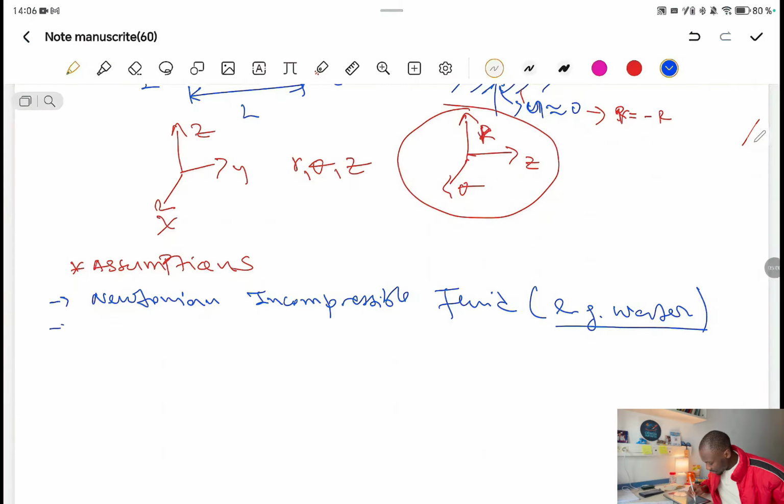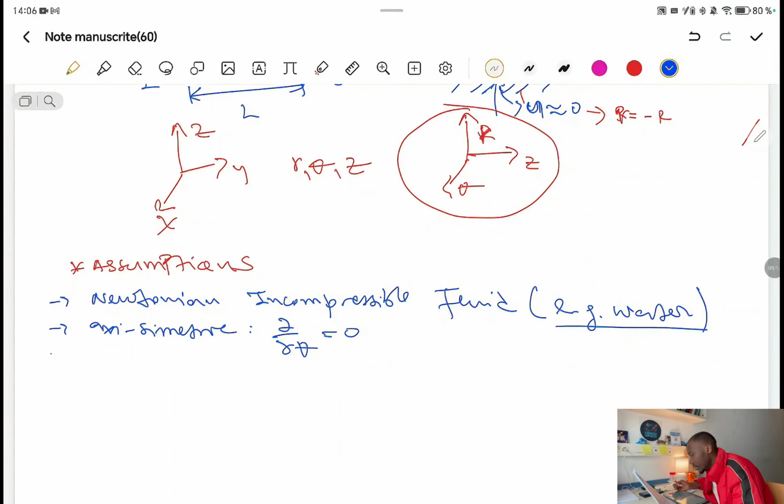Let's say the flow is axisymmetric. If it's axisymmetric, then we assume that all the derivatives in the theta direction are equal to 0. We assume as well that the flow is uniform in z, so all the partial derivatives in the z direction are equal to 0.